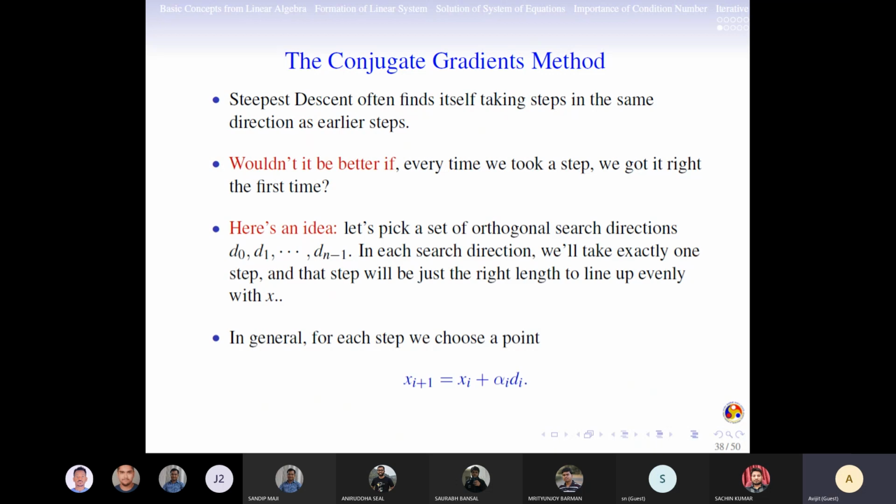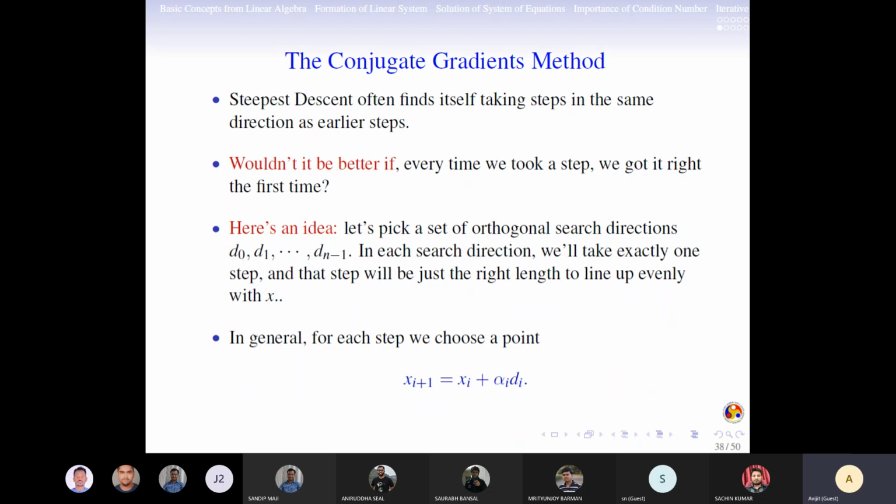Now here is an idea. First you find a set of orthogonal search directions. Just before the computation, you find that okay, I have orthogonal search directions, and in each step we will follow them one by one. That is d0, d1 to dn minus 1, all orthogonal directions, but they are not the same directions. In each step you will use one: first d0, then d1, then d2.